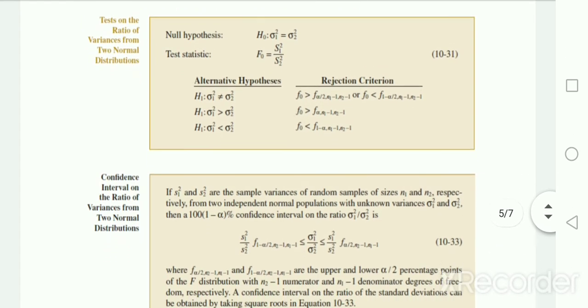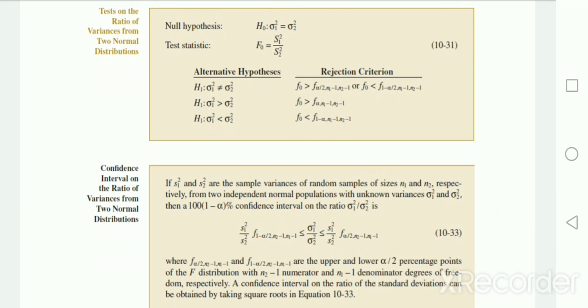And here we have the rejection criteria for the alternative hypothesis sigma 1 squared not equal to sigma 2 squared. That form: F naught greater than F alpha by 2 comma n1 minus 1 comma n2 minus 1, or F naught less than F 1 minus alpha by 2 comma n1 minus 1 comma n2 minus 1.